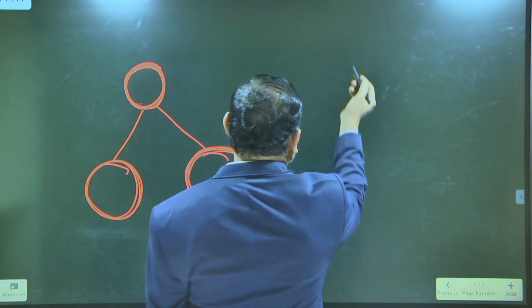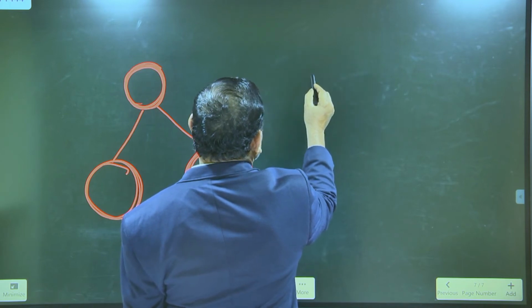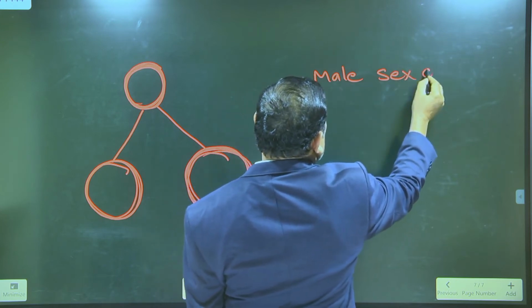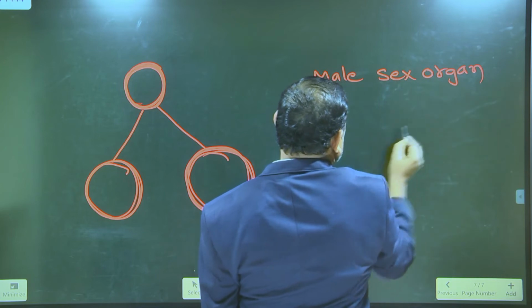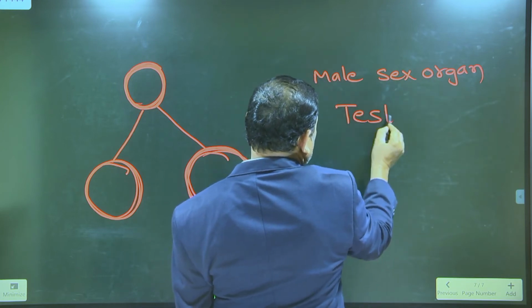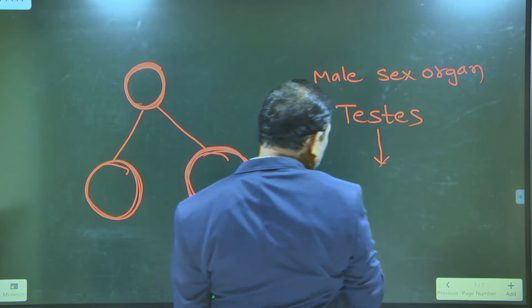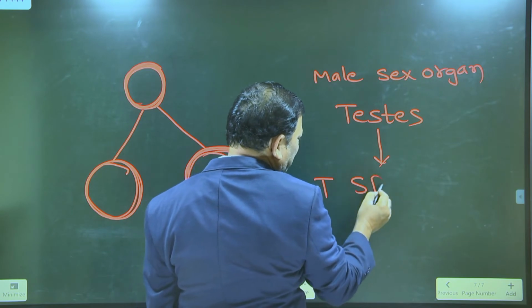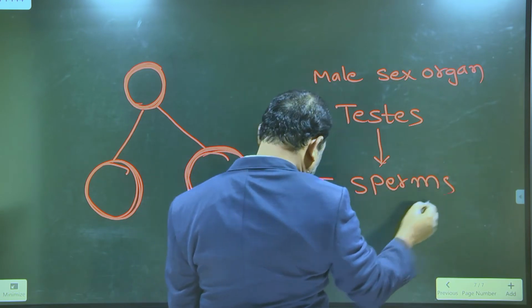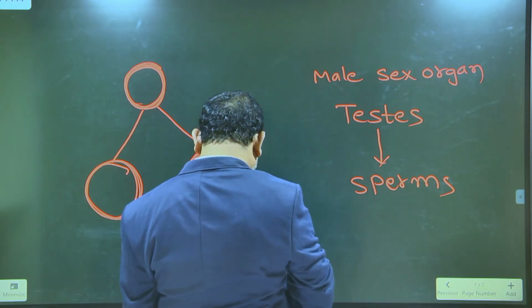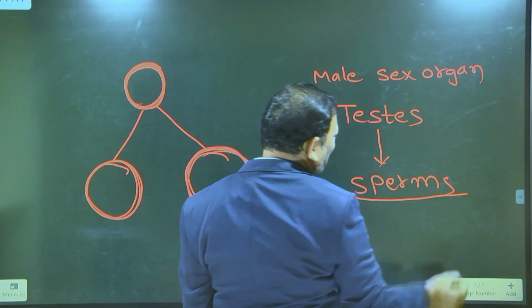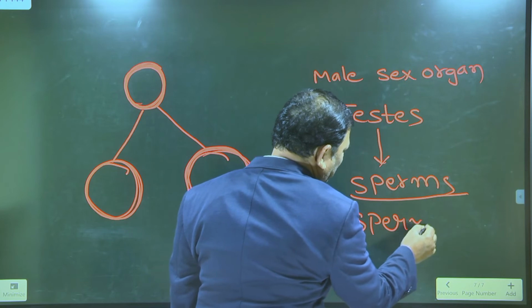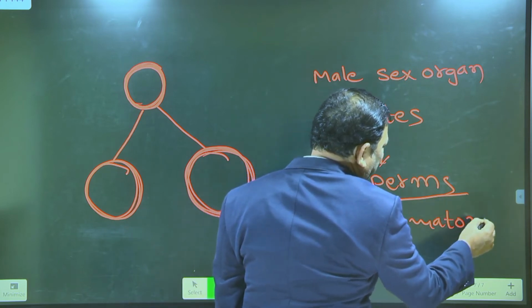For the gametes, for example, what is the male sex organ? Testis. The testis produces sperms, also known as spermatozoa.